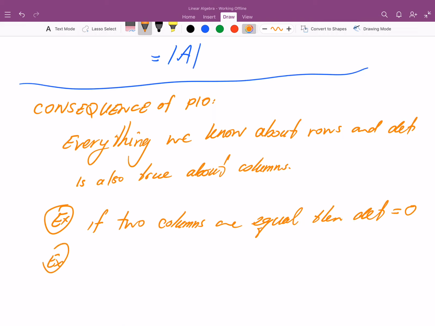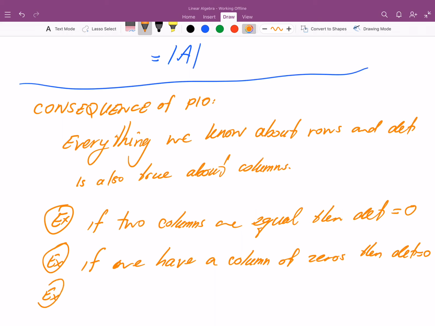Another example: we had a property above that said if we have a row of zeros, then the determinant is 0. So we could say if we have a column of zeros, then the determinant is 0.